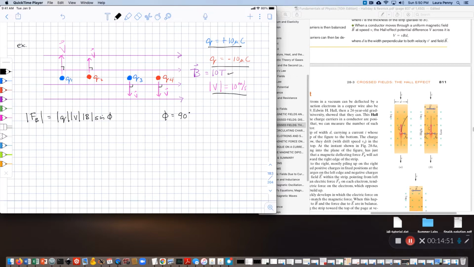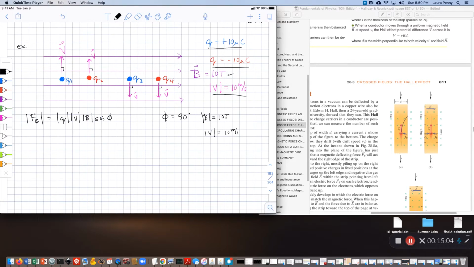It's just the angle between them. It's not positive or negative. It doesn't go from one to the other. And they all have the same magnetic field magnitude, 10 Tesla. They all have the same speed, 10 meters per second. And they all have the same Q magnitude as well. And so they are all going to have the same magnitude of the force.